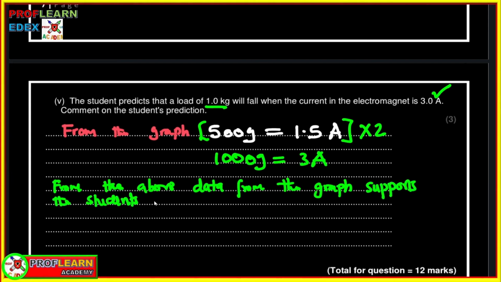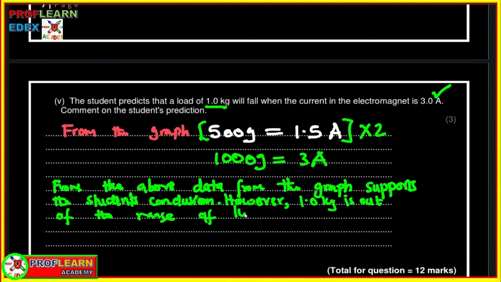But that could not be true, because when you are making assumptions using values that are out of the range of the data that was collected, it may not work. It may not work because the experiment may not be consistent with those values.